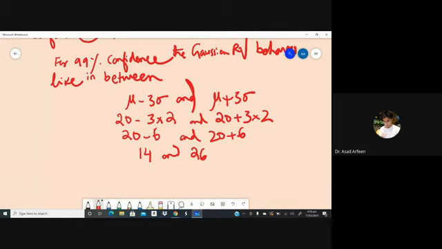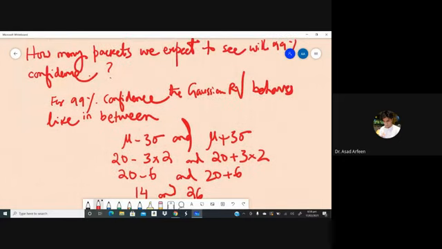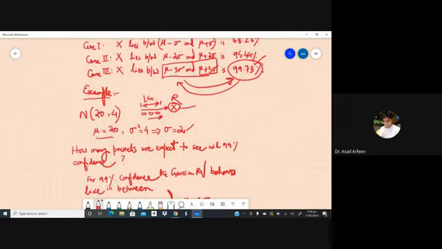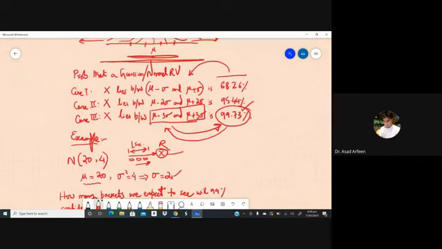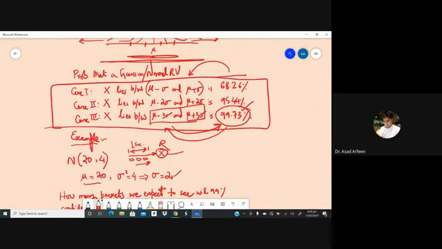Okay, is it clear? The main thing is that you need to know these three cases, the formula for these three cases. These are the main points you need to know, because this is very important.